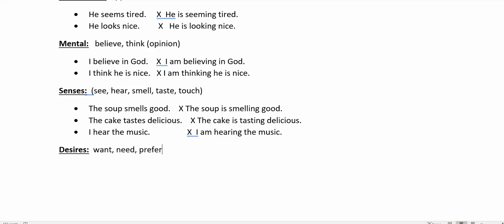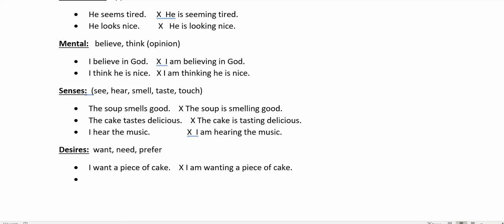Okay, prefer means you like it better. So I want a piece of cake. We would not say, I am wanting a piece of cake.